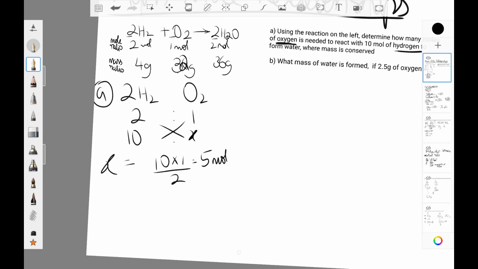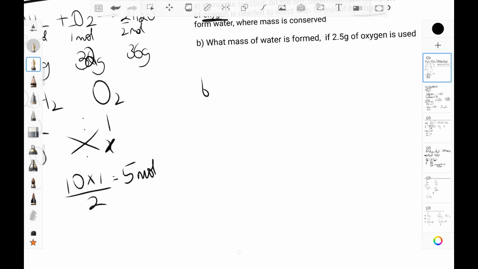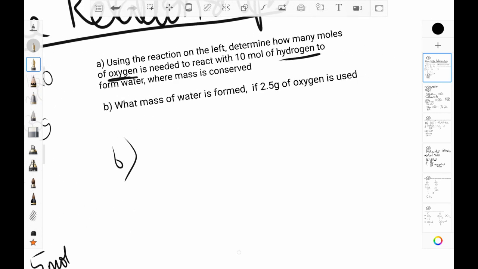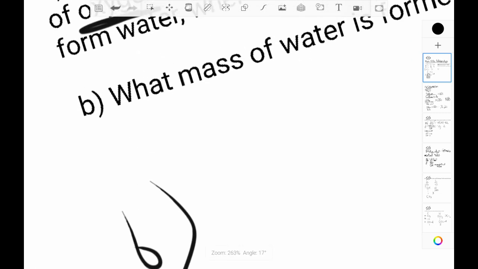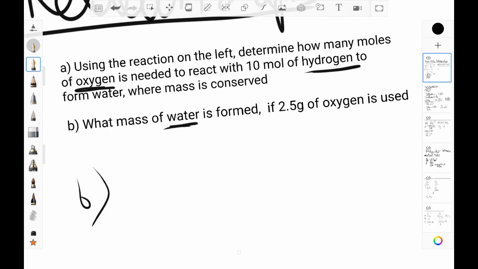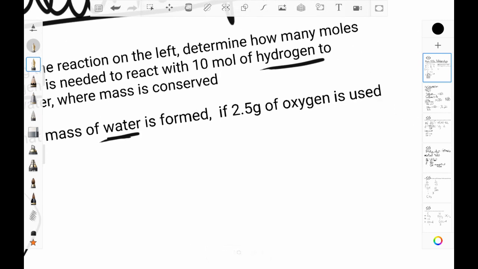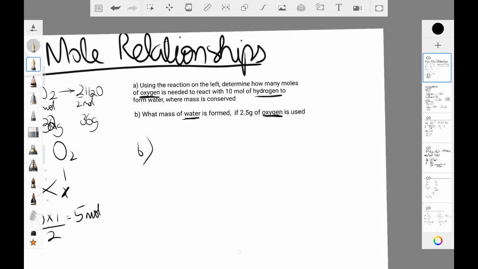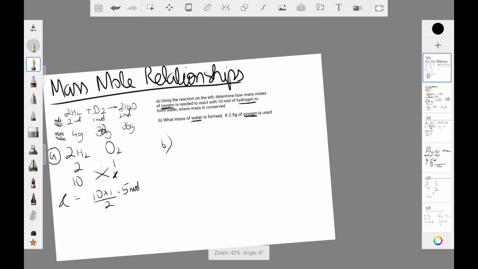Now let's tackle B. Again, you need to identify the elements or compounds that they are talking about. So what mass of water is formed? That means water is your unknown value if 2.5 grams of oxygen is used. So oxygen is your known value. And the way the question has been phrased, you can directly use the mass relationship.